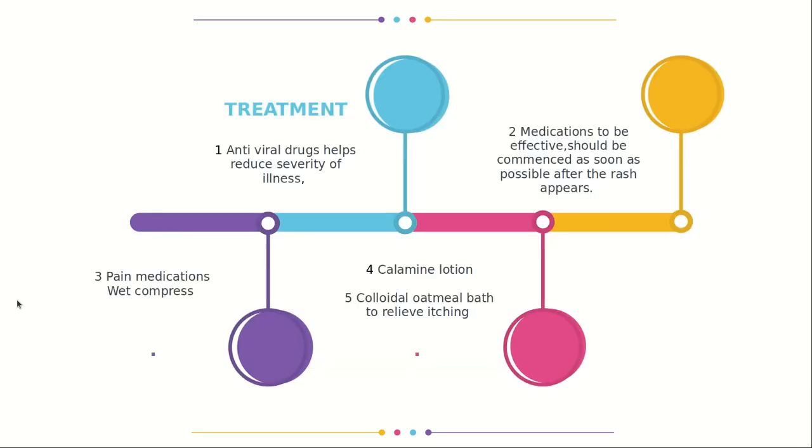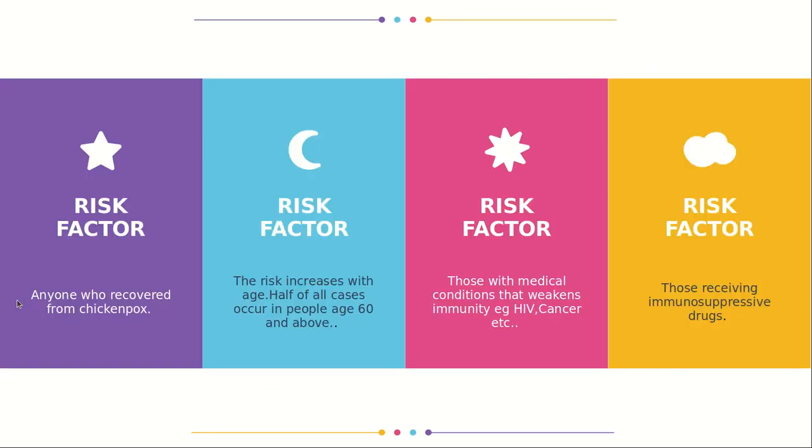So what are the risk factors for Herpes-zoster? Anyone who recovers from chickenpox is at risk for Herpes-zoster. The risk increases with age. From research, half of the people who have Herpes-zoster are age 60 and above.